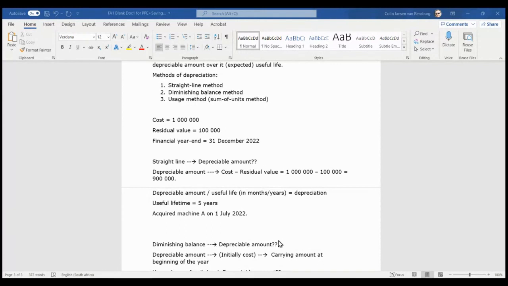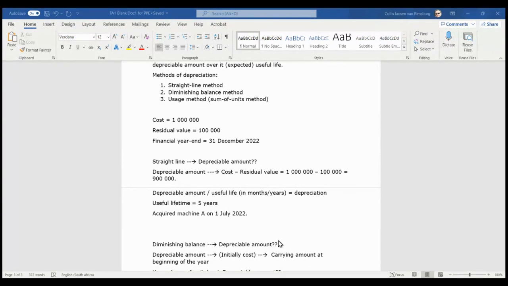Not in financial accounting 1 or financial accounting 2. I think, if I remember correctly, that is covered in financial accounting 3. So you will always be given the residual value, right? For academic purposes in financial accounting 1, you will be given the residual value in all cases.